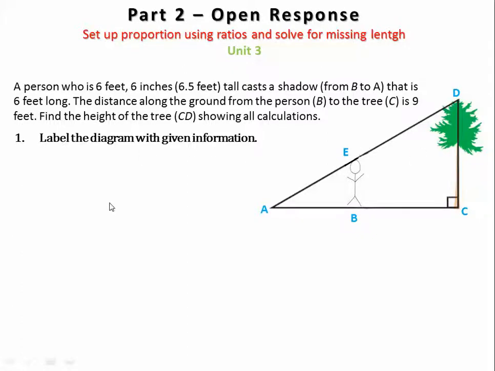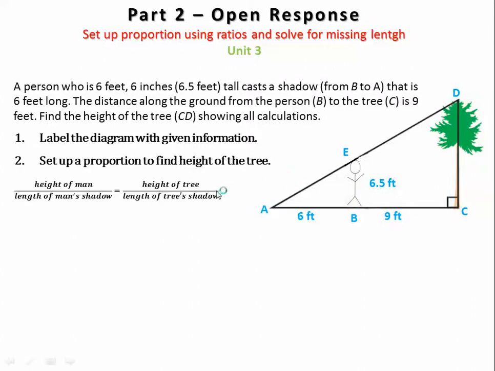So my first step is to label the figure with all the information they gave me. They told me this guy's shadow is 6 feet long, he's standing 9 feet from the tree, and he's 6.5 feet tall. So we got that all labeled. Okay, so what you're going to do is set up a proportion to find out what the height of the tree is.